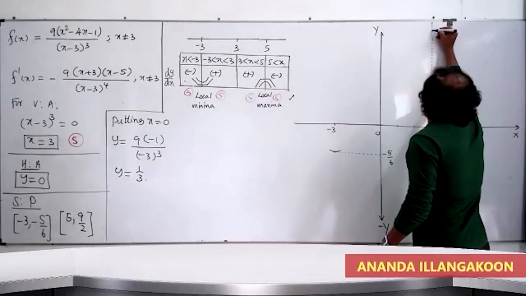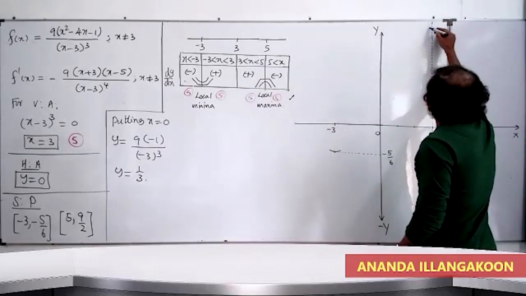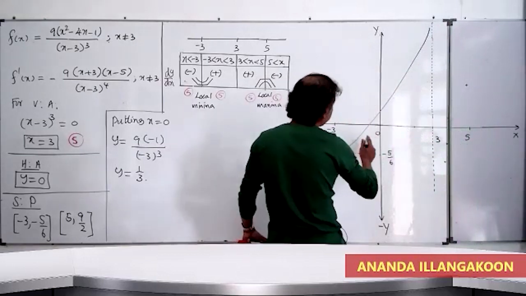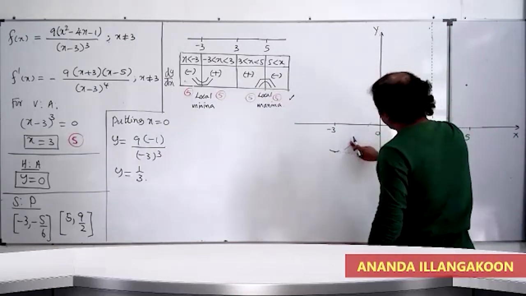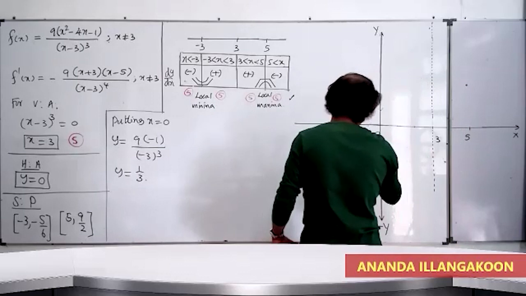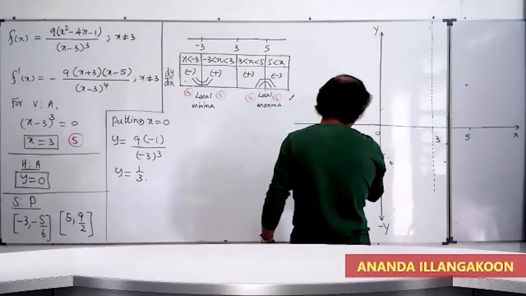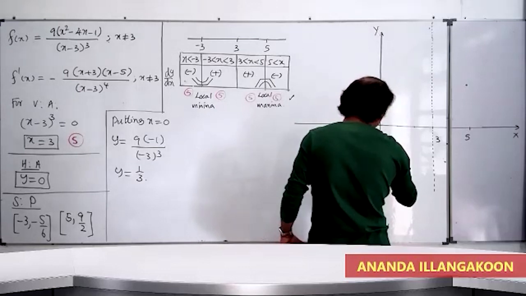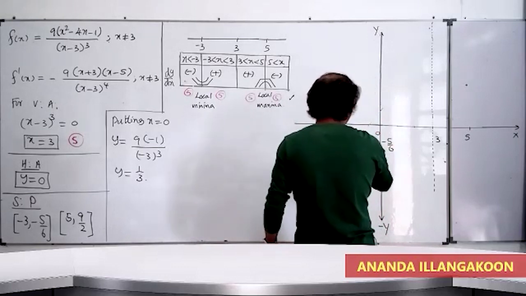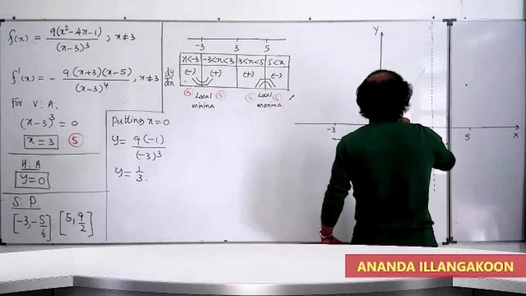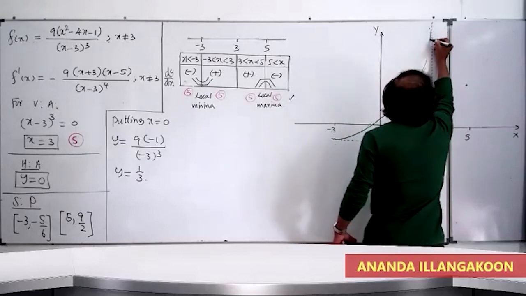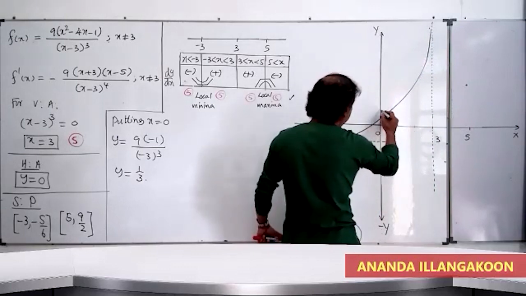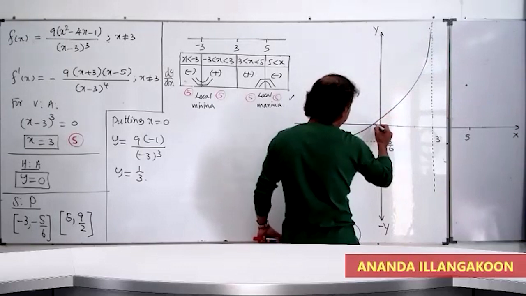Here vertical asymptote. Graph is like this. This is 1/3.